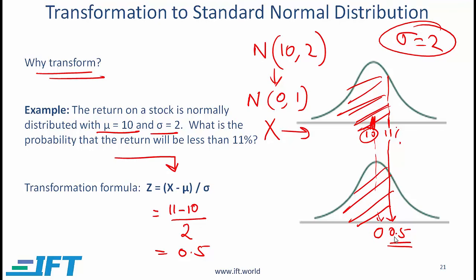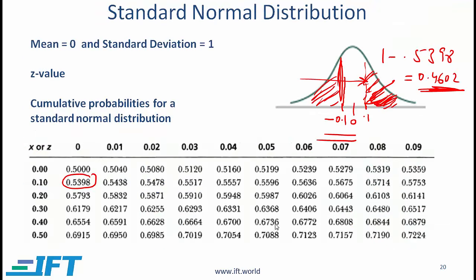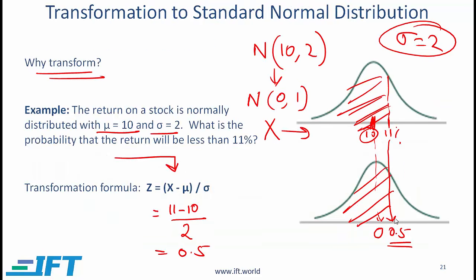And this is something that we can look up on our table. If we go back to the table and we look at 0.5 as our z value, then the cumulative distribution is 0.6915. So for simplicity, let's say that this is 0.69. That means that the probability that the return will be less than 11% is 0.69.